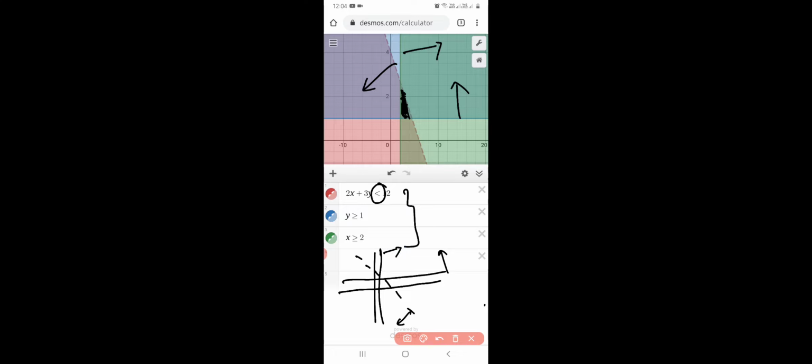Fine. So try not to overshade the whole graph, because if you do so, then it will become too clumsy. Just shade only the common portion which is represented by the three inequalities. Clear?